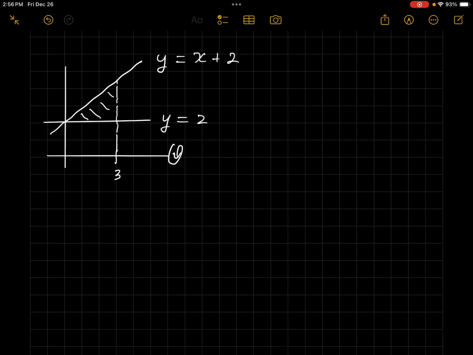So I will draw a representative shell. Notice if I'm going this way, my rectangle will be drawn as such, and it'll have a tiny width of dy. The radius will be this length from the axis up to the function height here.